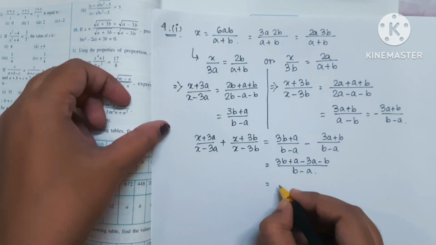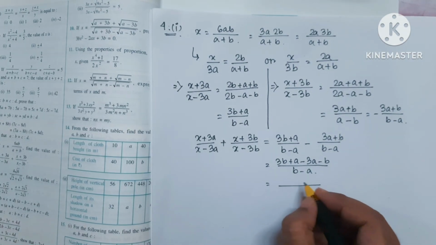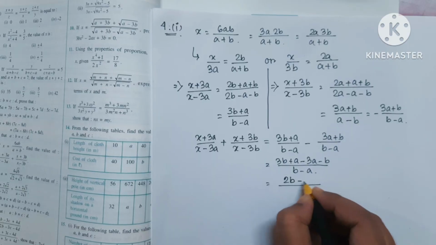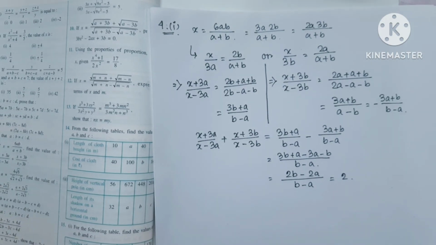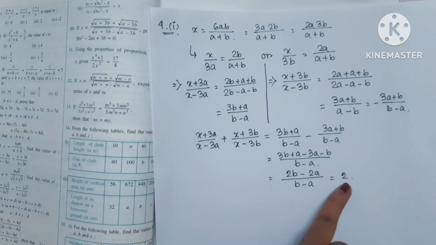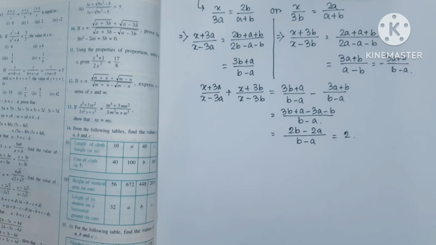So 2b minus 2a, you can take 2 common, b minus a, b minus a. So you can cancel this portion. So 2 will be the answer. Okay.